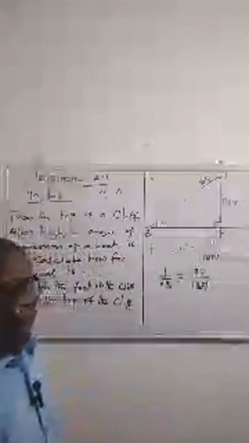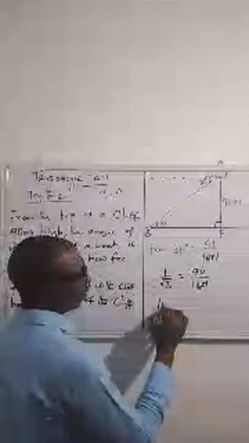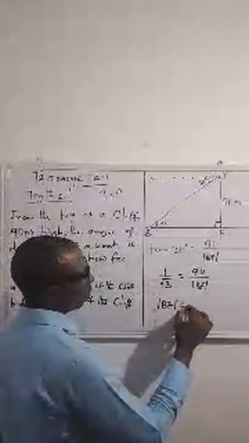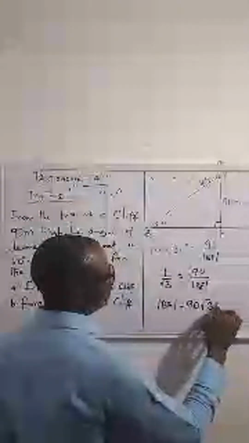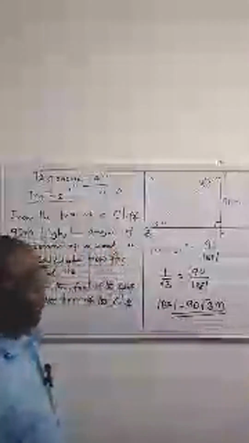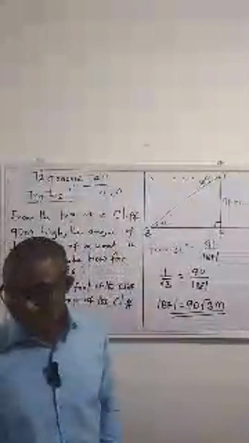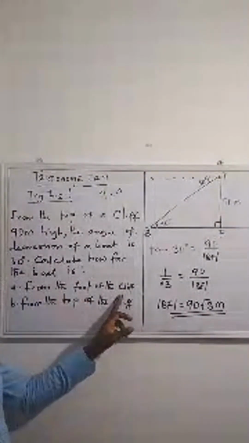Here you can cross multiply. So when you cross multiply, BF times 1, you have BF equals 90 square root of 3 in meters. So this is going to be the answer to the problem. All right, so that is the distance of the boat from the foot of the cliff.